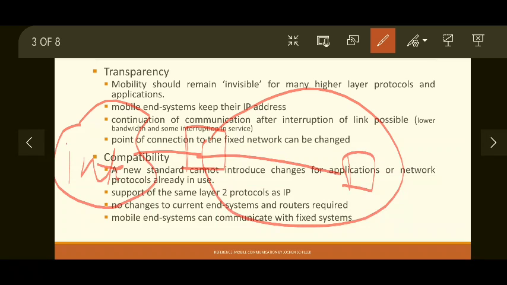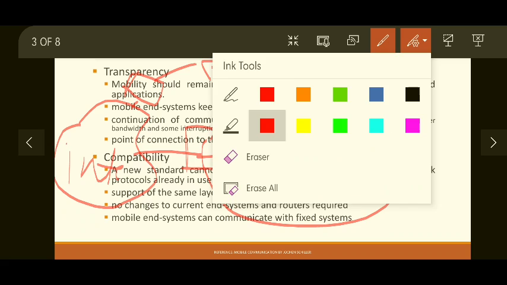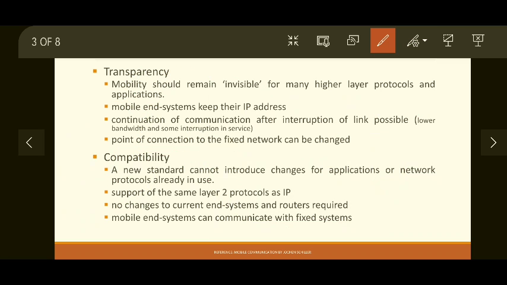So the router connection is our point of connection. When you change from this network to some other network, the point of connection will be changed, but it will not be observed at the higher layers. That is the meaning of point of connection that can be changed. So that was regarding transparency.